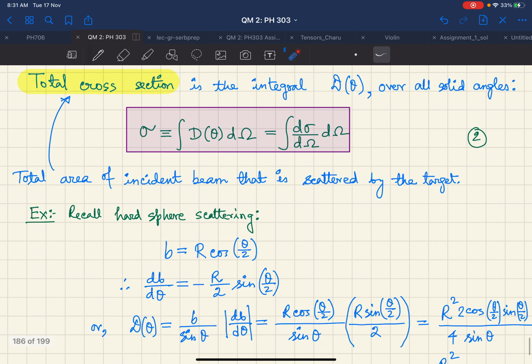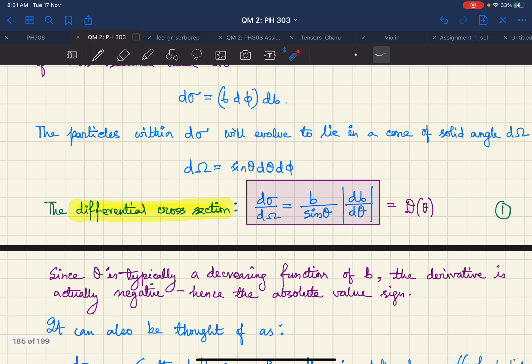Now we also need to apply these definitions that we have obtained. So we recall the hard sphere scattering, and we remember that the impact parameter is related to the scattering angle θ by this relation: b is R cos(θ/2). Then we also need to figure out db/dθ, because that is what we need here.